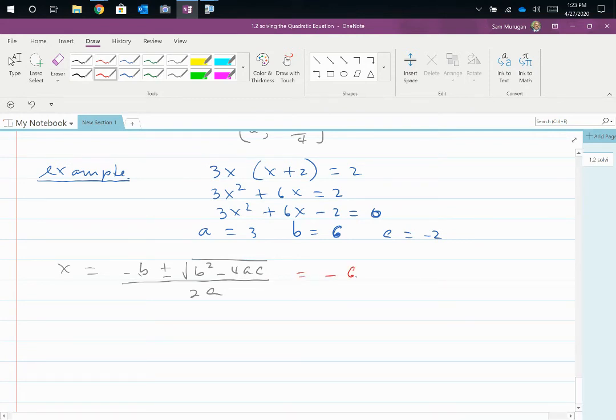So this is negative 6 plus or minus 6 squared minus 4 times 3 times negative 2. Let's fix that right there. All over 2 times 3.